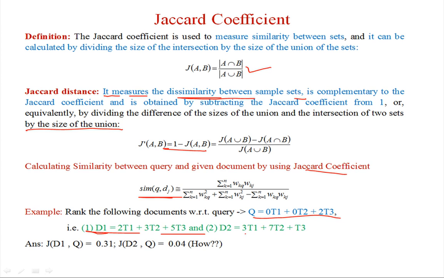So it is very simple. Just check the union. Out of 5 T3, only 2 T3 match from here, and from document D2 only 1 term T3 is present compared to 2 term T3.